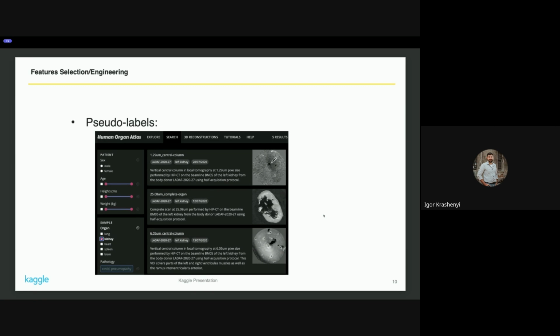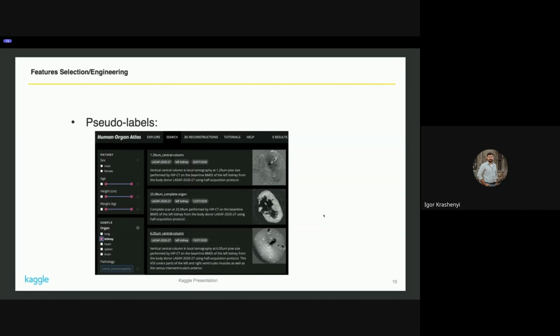I also dropped the images with larger resolution because I thought that our private and public leaderboards would have pretty much the same resolution. Later on, organizers confirmed it.